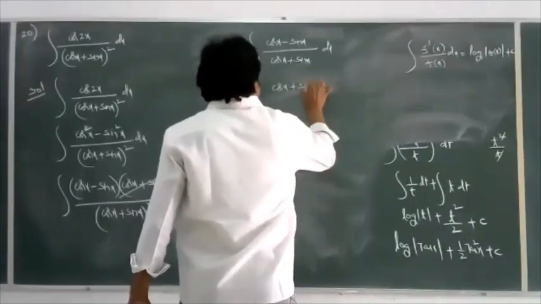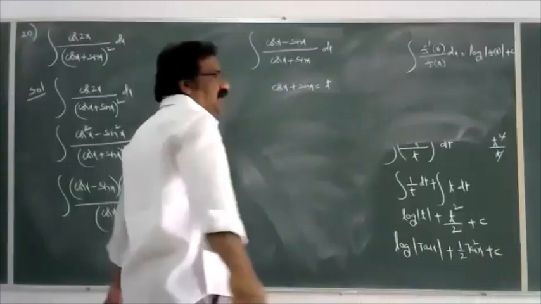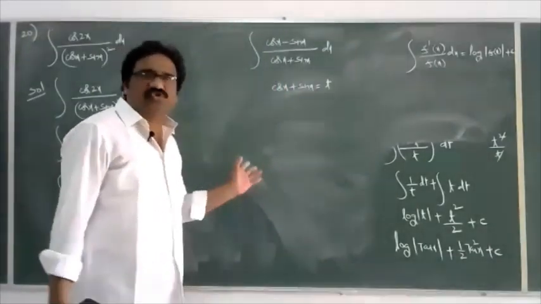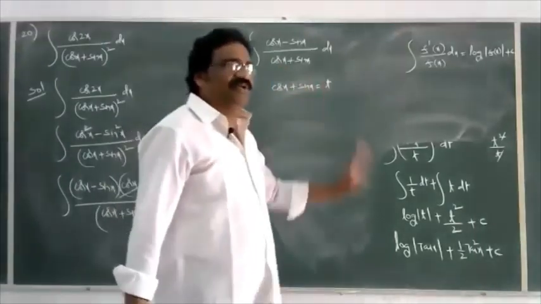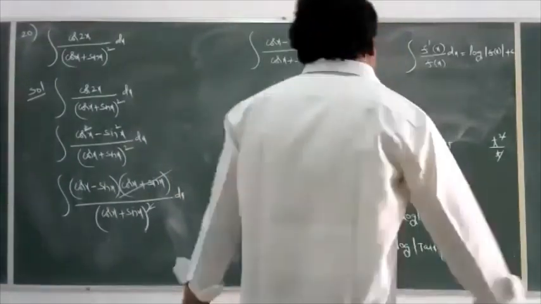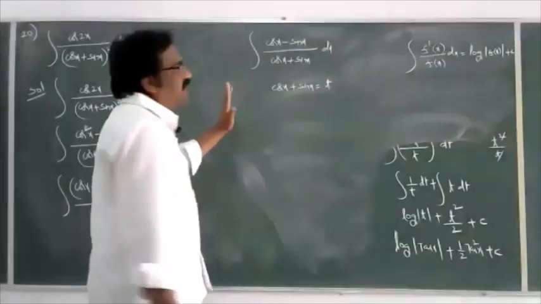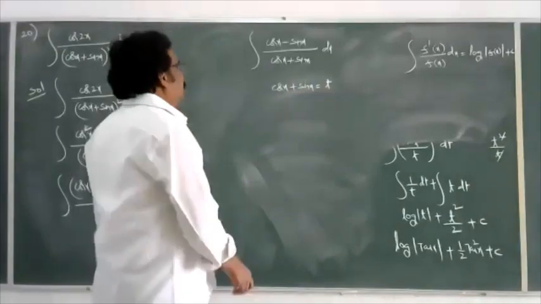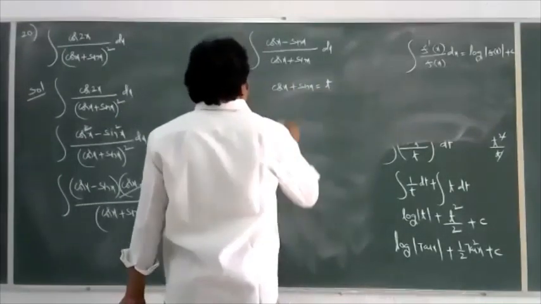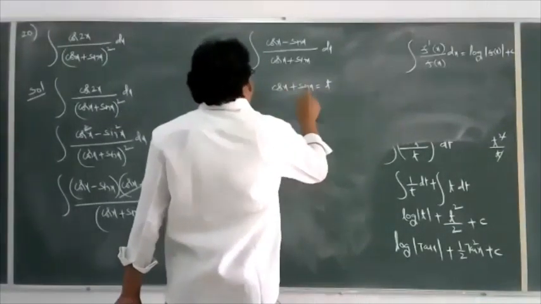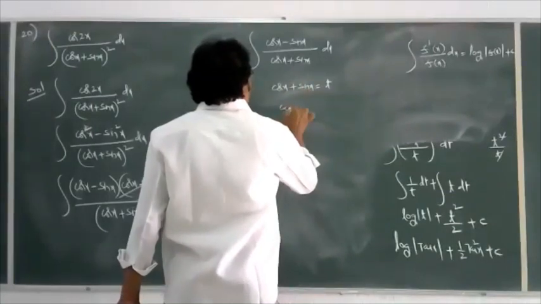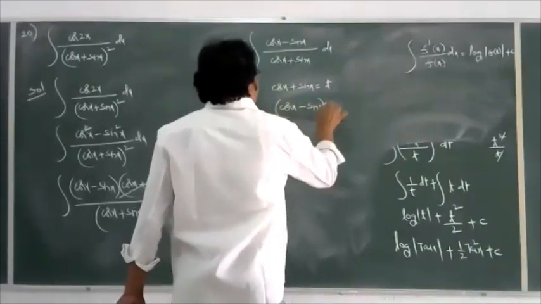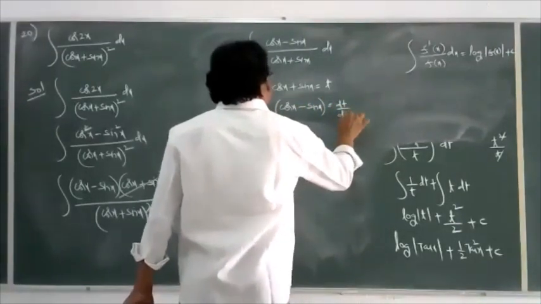Cos x plus sin x is equal to t. Depending on the marks, for example, if the problem is given for 2 marks, you go for the direct formula and write the direct answer after simplification. But you write the formula also. So cos x plus sin x is equal to t. Derivative: cos x minus sin x is equal to dt by dx.